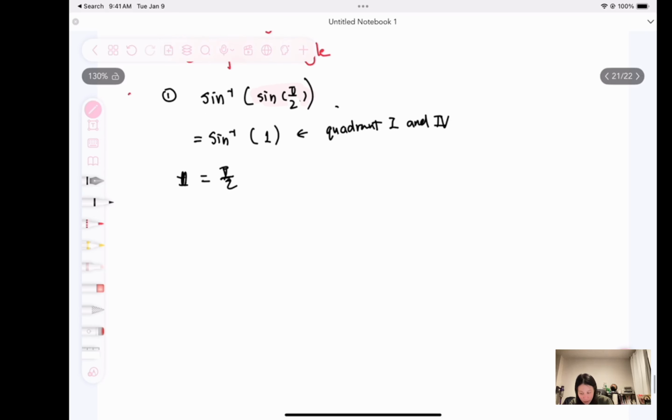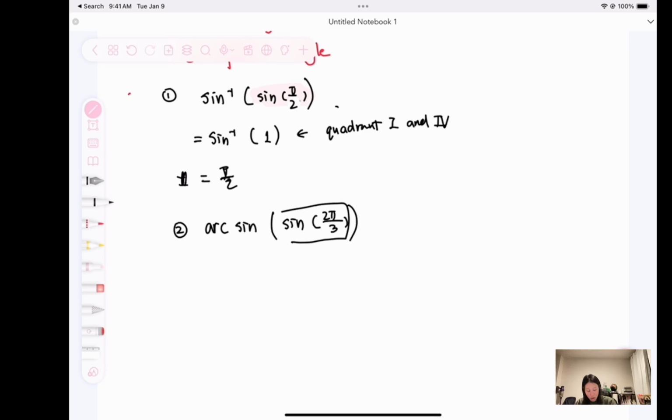Okay. Second one, I have arc sine of the regular sine of 2 pi over 3. This one is going to be a little bit harder. First of all, sine 2 pi over 3 is equal to what?